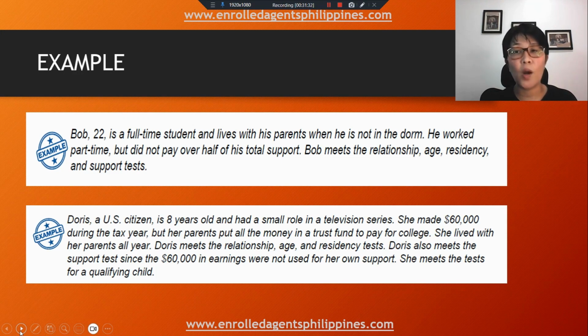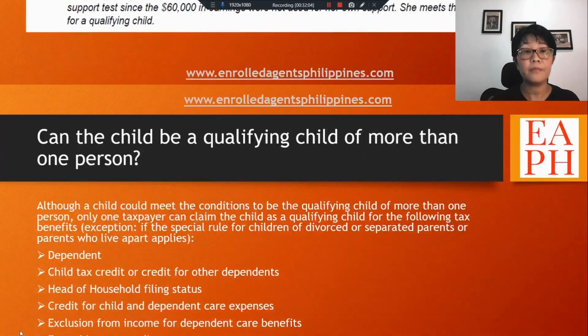Qualified pa rin siya as a qualifying child because yung pera ginamit not for her own support. No? Nilagay ng parents niya sa trust fund. So, she meets the test for qualifying child, no? Because, ayun nga, no? Qualified siya sa relationship, anak siya, age 8 years old siya, residency test, kumbaga within the year, kasama pa siya, no? And then yung support, no? Because yung pera na kinita, hindi niya ginamit for her own support. Okay?